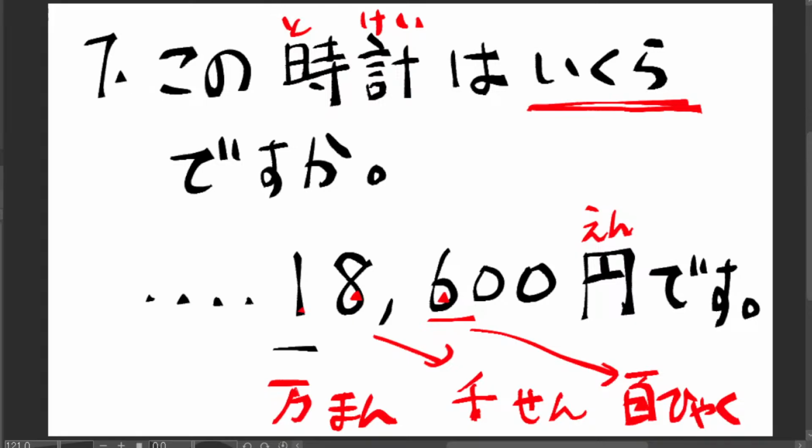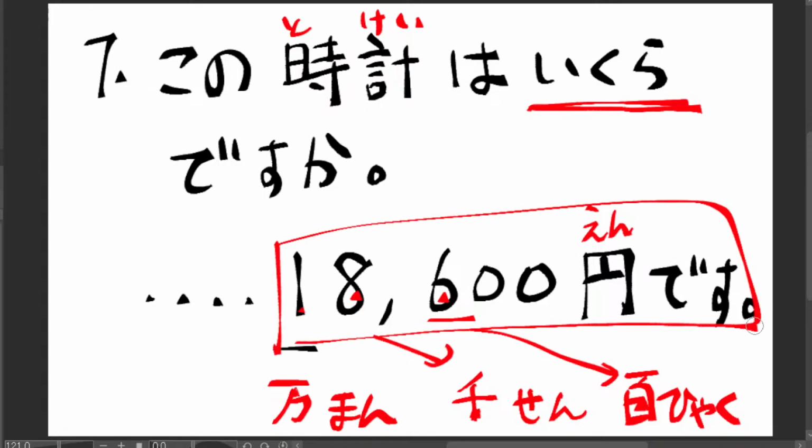So that concludes all the reibuns, all the example sentences for chapter number 3, Minna no Nihongo. Okay. So before I end the class, I'm just going to explain how you read the numbers in Japanese.